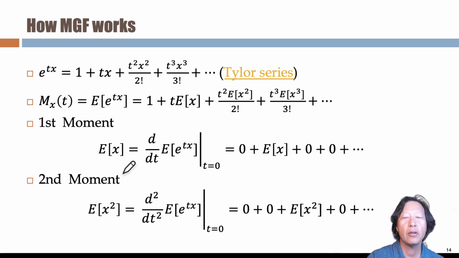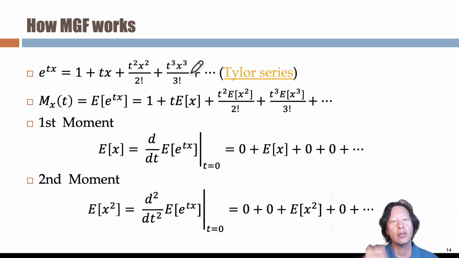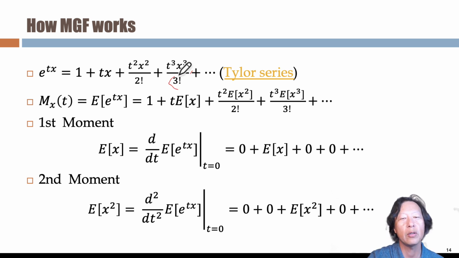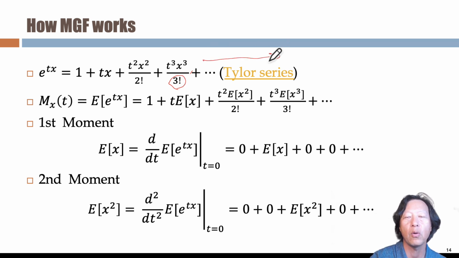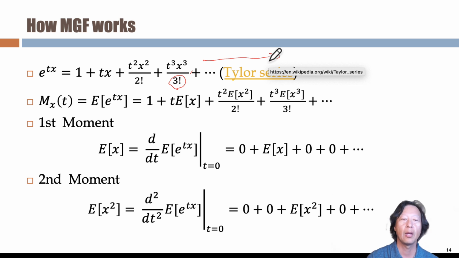This is the Taylor series expansion, so e to the tX equals 1 plus tX plus t squared X squared over 2 factorial, and so on. It goes on forever, but since the denominator gets bigger and bigger, the terms get smaller and smaller, though it goes on infinitely.